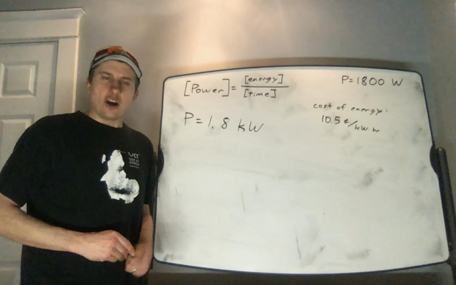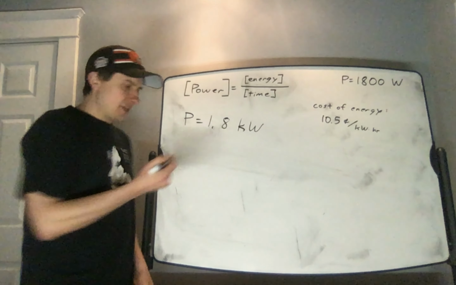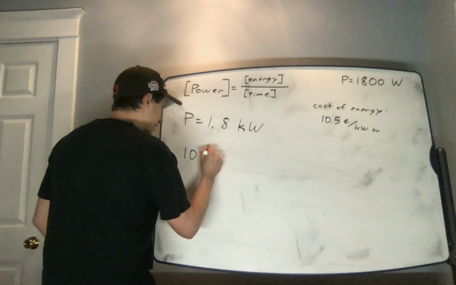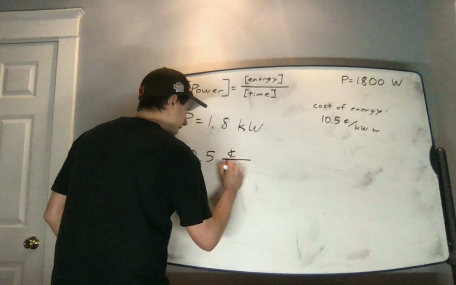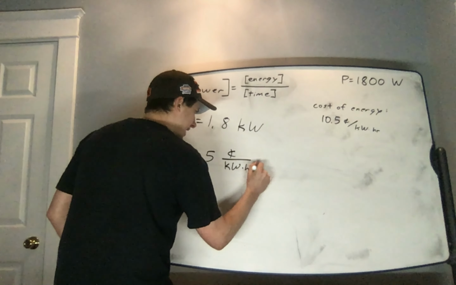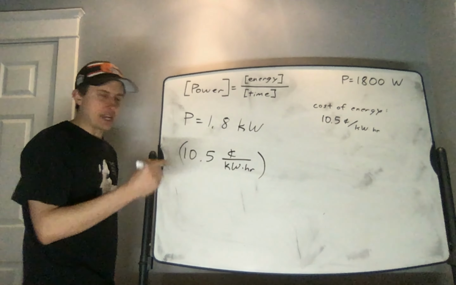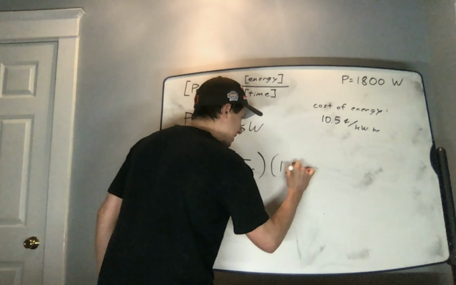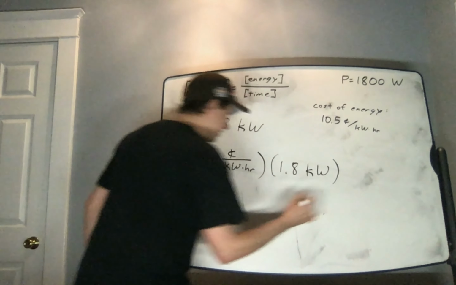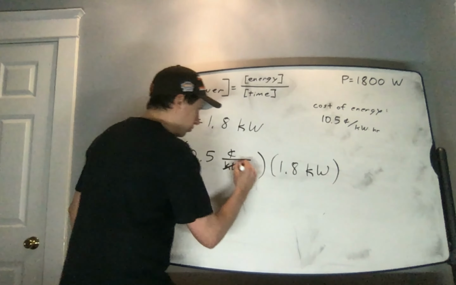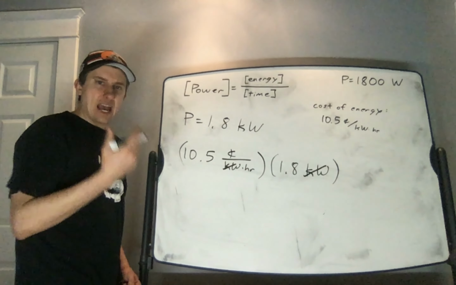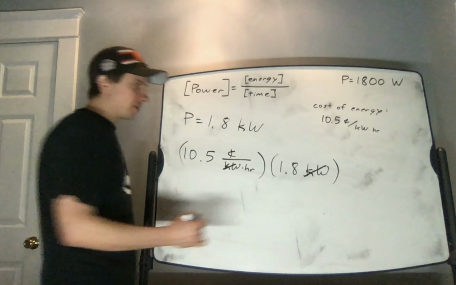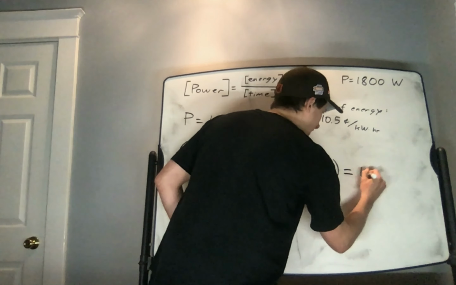Now, if I look at the cost of energy from the utility company, which is 10.5 cents per kilowatt hour, and I multiply that by the power of my heater, which is 1.8 kilowatts, then I could cancel out the units of kilowatts, and I find that it will cost 18.9 cents per hour to run my heater.